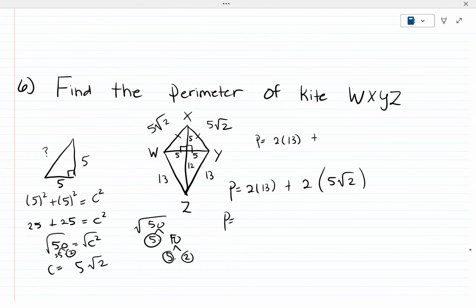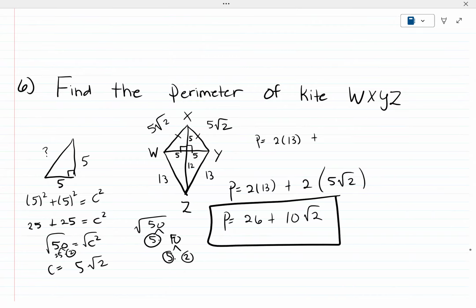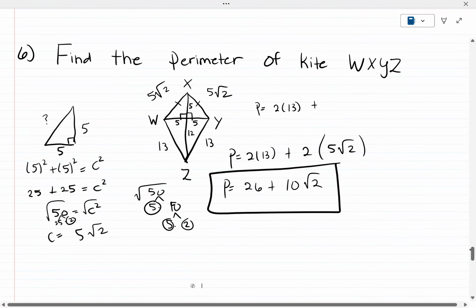Put it all together, we get 2 times 13 is 26, and then 2 times 5 radical 2 is 10 radical 2. Yep, we found the perimeter. Now let's move on to question 7.